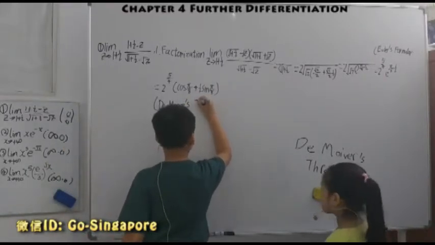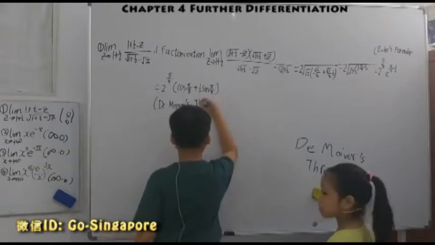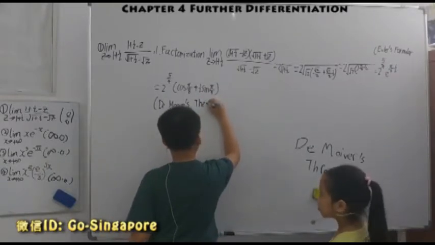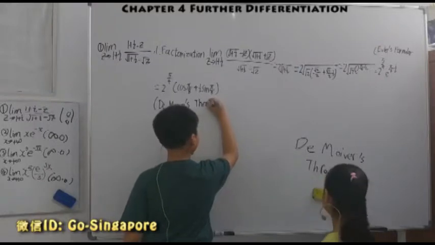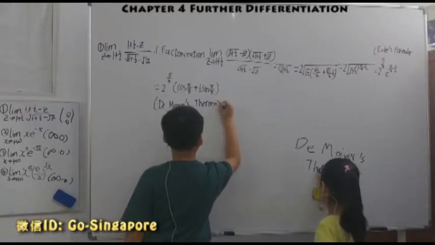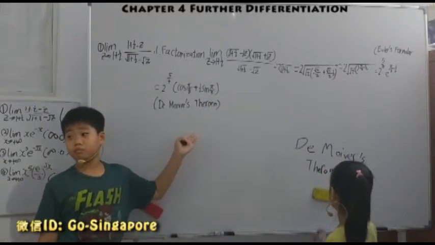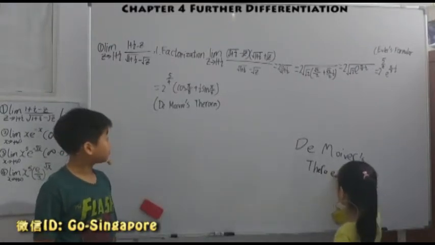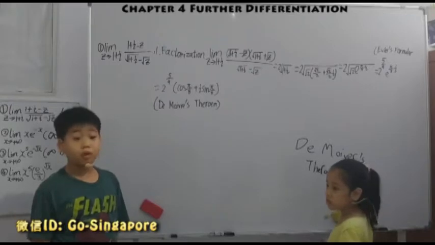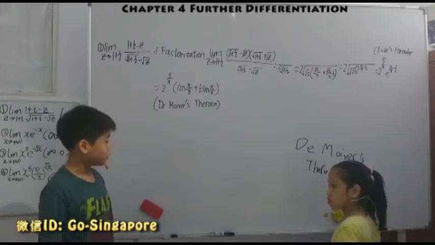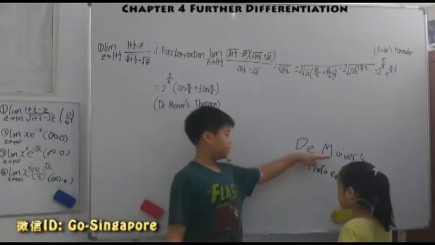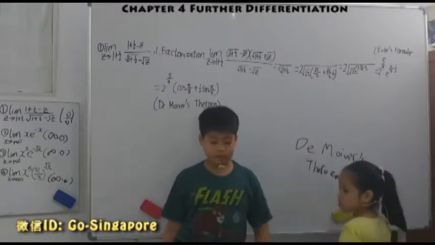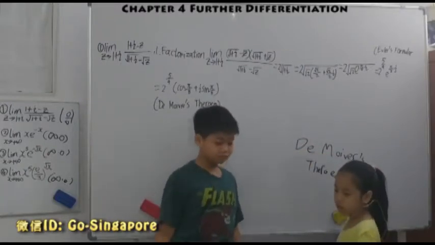Let me show you how to spell theorem. De Moivre's theorem. This part is actually a person's name, okay?